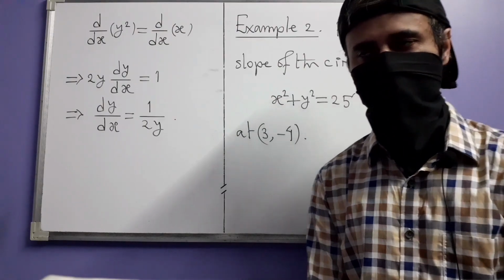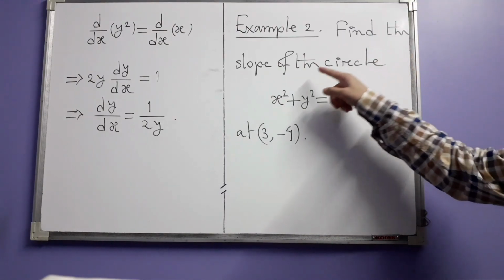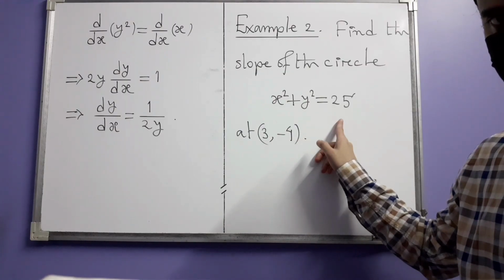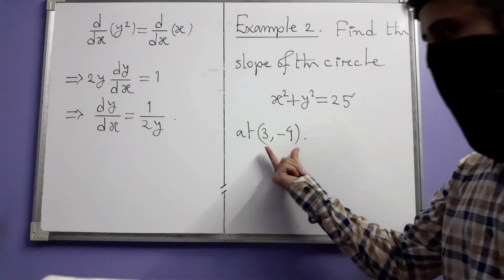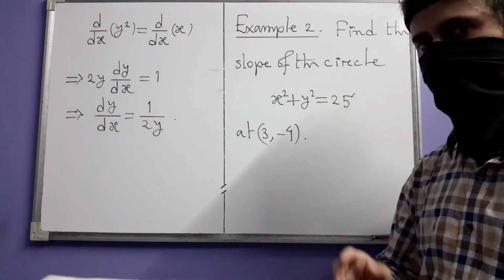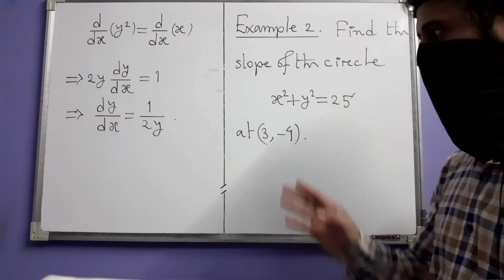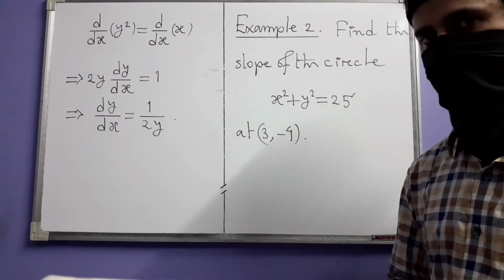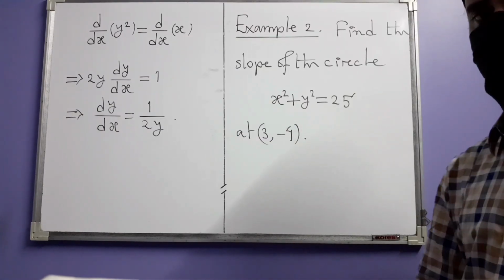Next we have example 2, where we have to find the slope of the circle x squared plus y squared equals 25 at the point 3, minus 4. So again we have an equation, not a function, and functions are hidden in this equation. But at the same time we can find those functions.